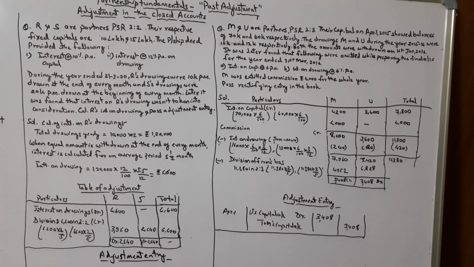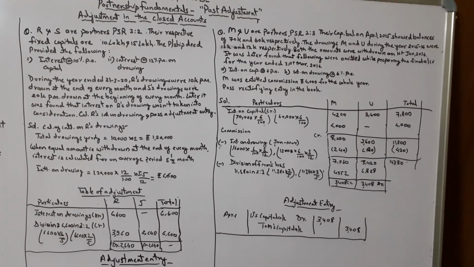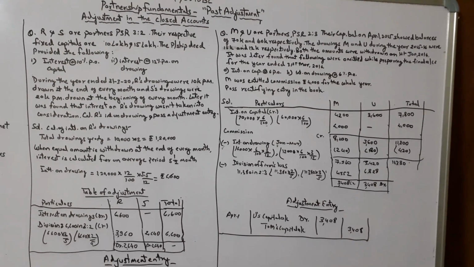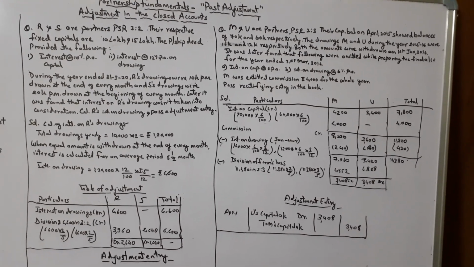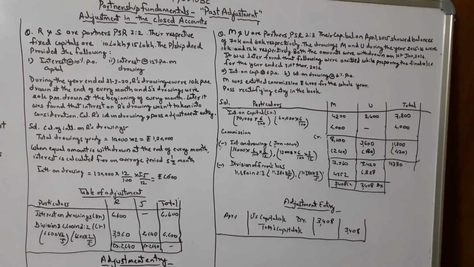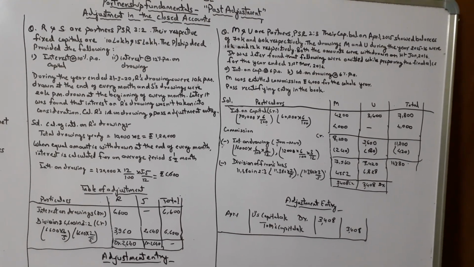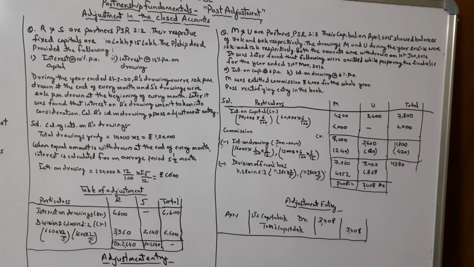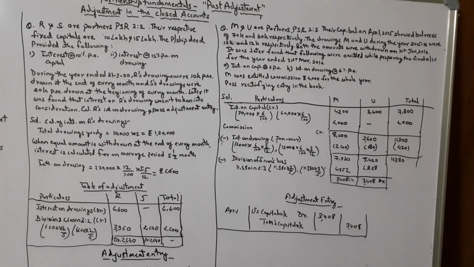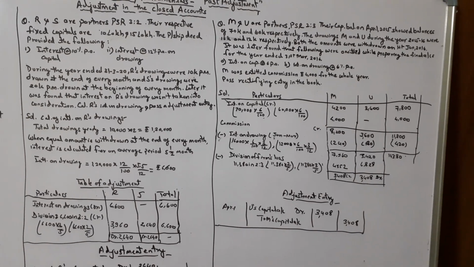Now this loss will be distributed in the PSR ratio, which is 2 is to 3. Then 11,380 multiplied by 2 upon 5, and 11,380 multiplied by 3 upon 5. This way you got 4,552 and 6,828. Okay, now we will deduct this. There you get the credit balance of 3,408 for M and debit balance of 3,408 for U.